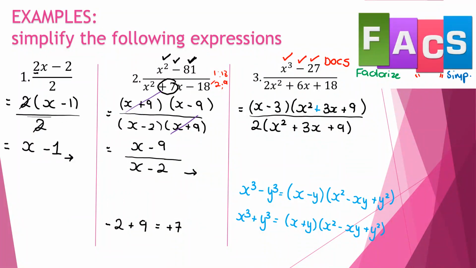And now this is a little exciting because now I see that this trinomial can cancel straight away, and I don't have to worry about factorizing it, because now I have my simplified answer, that is x minus 3 over 2.